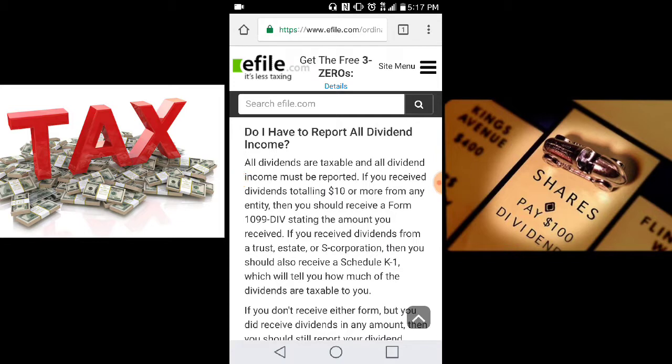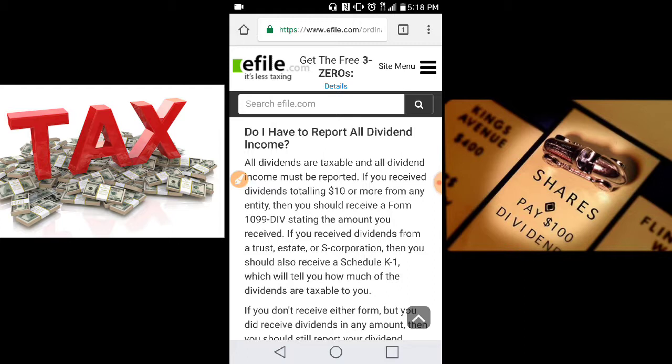As you can see, if you get dividends from special types of corporations, S corporation or trust or estate, real estate investment trust, stuff like that, there's actually a little different taxation on those, which I will get into later as I show one of my REITs that got taxed. But long story short, if you got paid $10 or more from a dividend from one company, you are going to have to pay taxes on it.